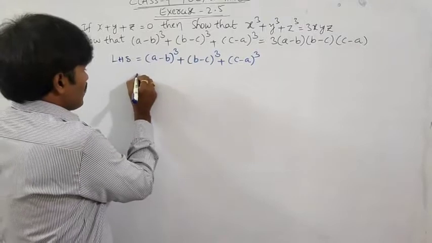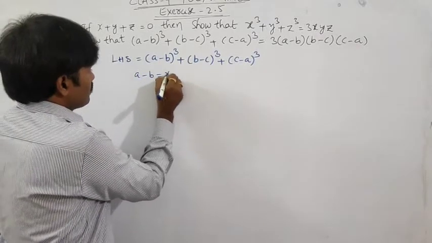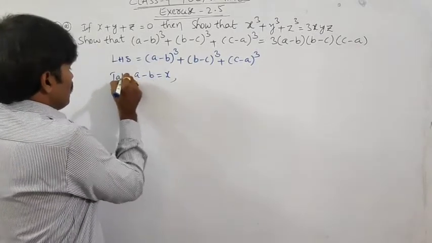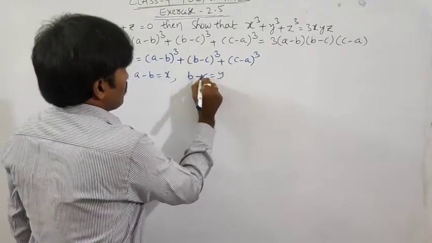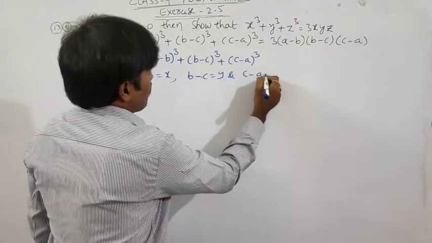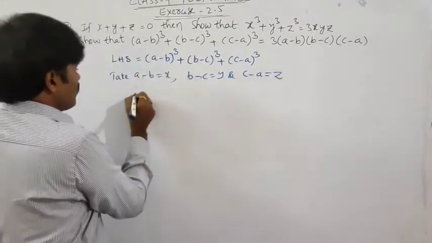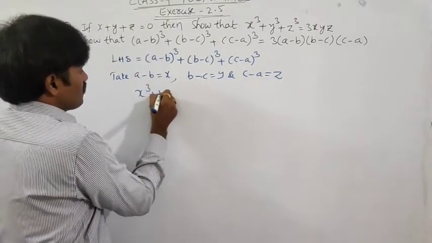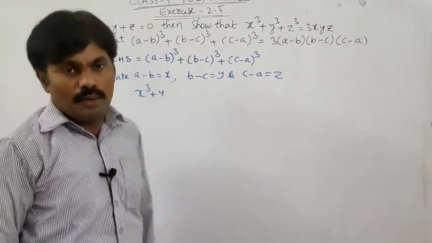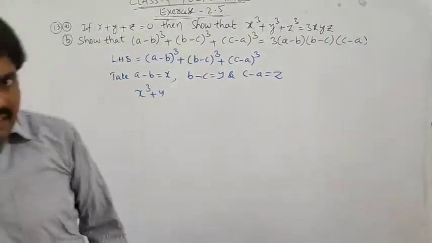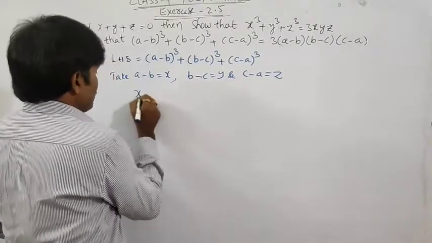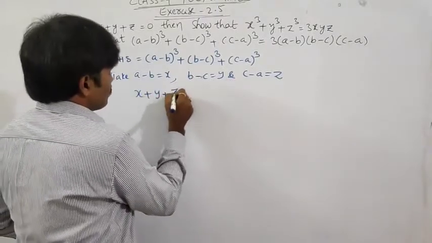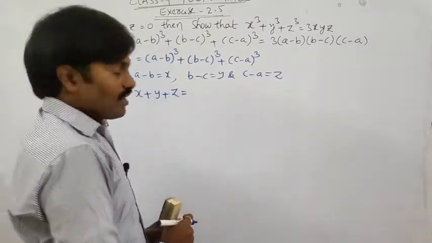Now consider a minus b is equal to x, b minus c is equal to y, and c minus a is equal to z. Then it becomes x cube plus y cube plus z cube. But if you add these x, y and z values, what is the result?